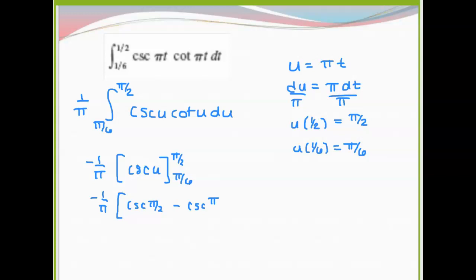Where are you getting the negative from? The antiderivative. So if you think about it, the derivative of cosecant is negative cosecant cotangent. So since the integral doesn't have that negative, the antiderivative gets the negative.